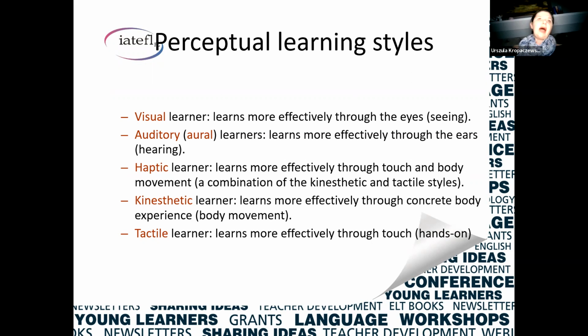Okay, haptic or kinesthetic or tactile language learners are generally sometimes just put together. So haptic means kinesthetic and tactile learners, while kinesthetic are only those who learn from body movement. I also use my hands and my body when talking to students, because I know that especially small kids love moving.